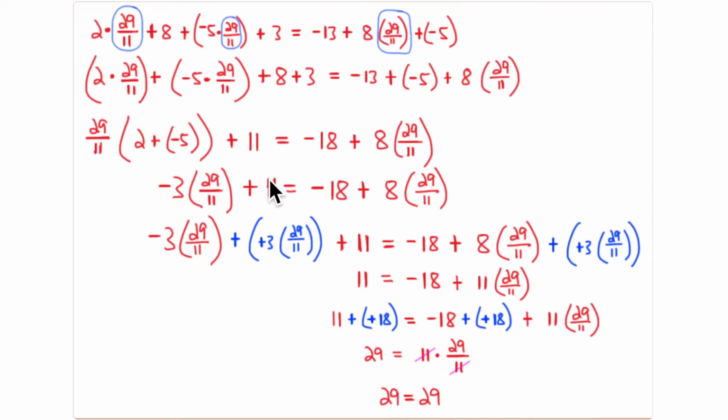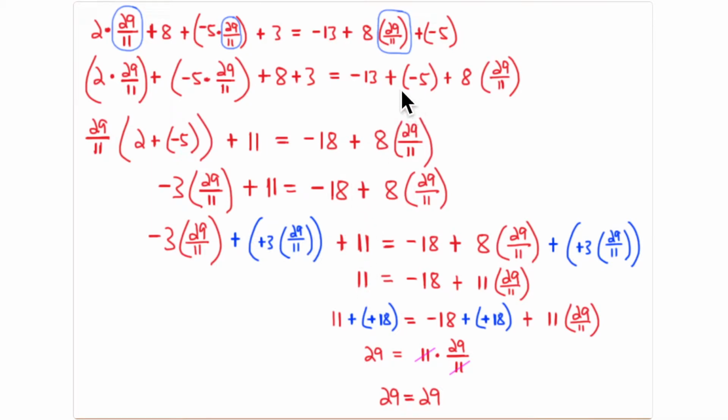So I'm going to continue to work down this side. I'm going to get rid of this negative 3 times 29/11 by adding a positive 3 times 29/11. So this goes away. This becomes 0, and you're left with 11 on this side.